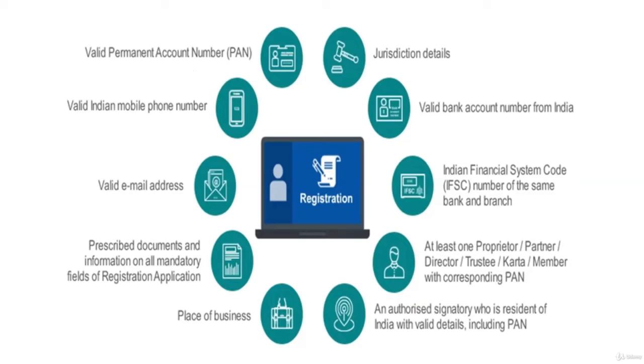So at least one proprietor or partner member with corresponding PAN number, IFSC number of the same bank and branch where you will be opening your business account, your current account. Then you must have your valid bank account number from India and the jurisdiction details. These are the basic details that you must carry before registering or taking the GSTIN number from the GSTN portal.